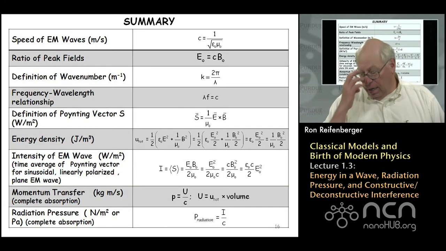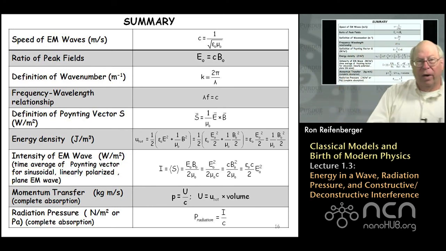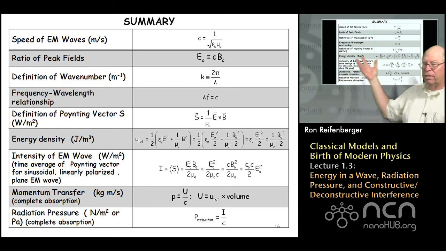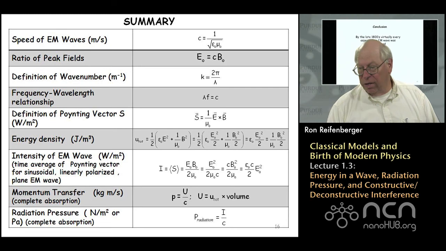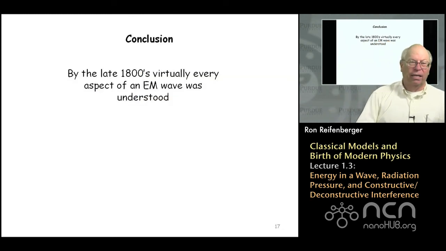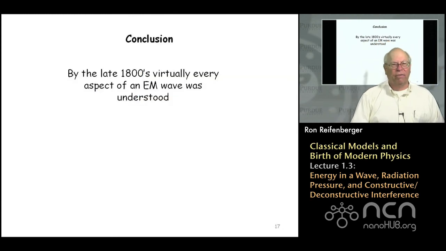So the way I like to conclude this lecture is to say that it's possible to create a table which summarizes a lot of the important results that we've discussed in this lecture. And the message that I want to leave you with is that by the late 1800s, virtually every aspect of electromagnetic radiation was understood, or at least it was believed it was understood.